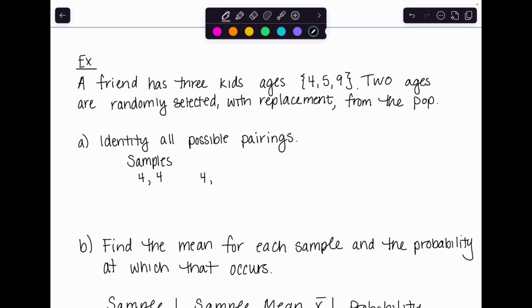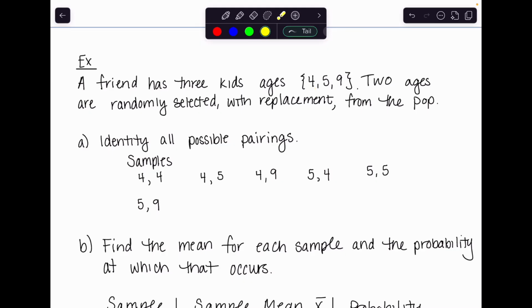So we've got 4 and 4 together, 4 and 5 together, and 4 and 9 together. Now I'm going to do the same thing. I'm going to pair 5 with each of these and also with itself. So 5 gets selected first, and then 4, 5 and 5, and then finally 5 and 9. And so you can see for each number, I have 3 possible pairings.